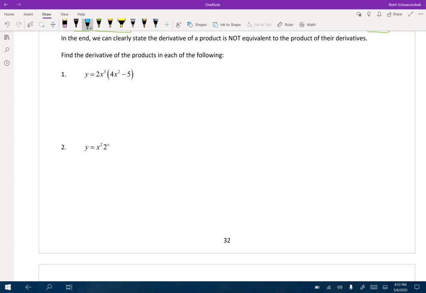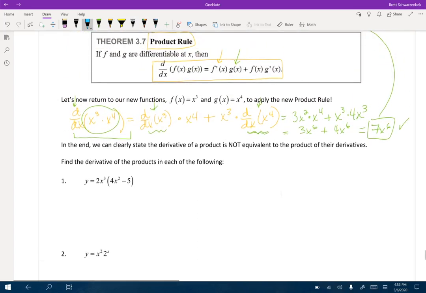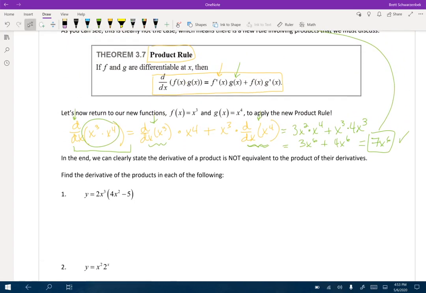Okay, so the way I'm going to teach you this product rule using examples is very similar to what we did in the mini example here, in the sort of proof. I'm stating that the derivatives are going to get extremely complex.